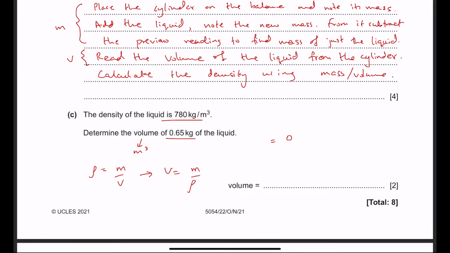So if we calculate that, that would be 0.65 over 780, and that should give us around 8.3333 times 10 to the power minus 4 meter cubed. Make sure you are combining the units properly and not messing them up. I'm just going to round it off to two significant figures when I write down my answer. Do not forget the unit.